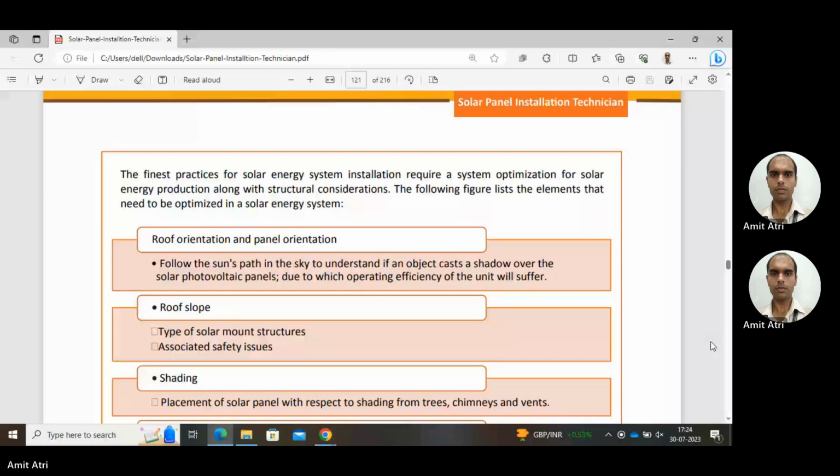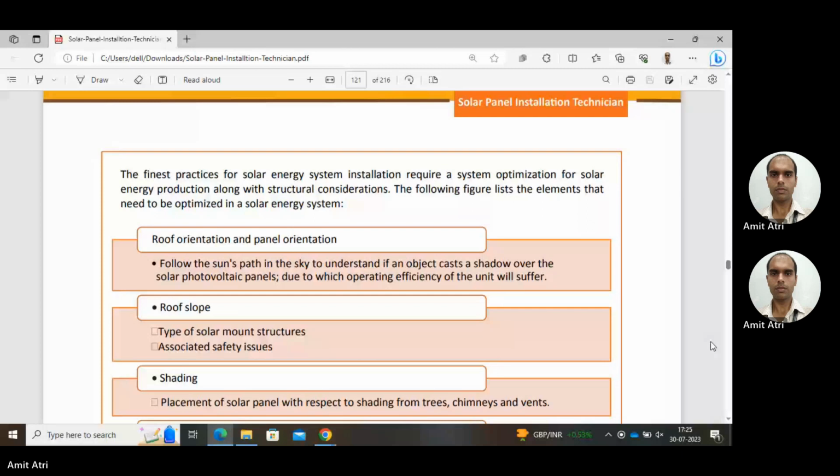In our initial units we studied in detail that the energy produced by the solar panel depends on the amount of sunlight available and the inclination of our panel with the sun. That is why we also use trackers to maximize energy production, so that the panel is always facing the sun. So we need roof orientation and panel orientation.